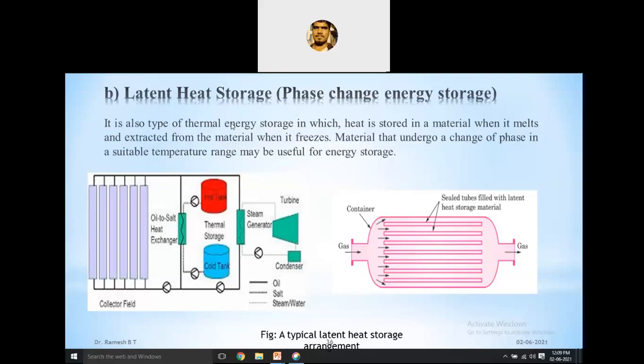Only then will it absorb more thermal energy and become more effective, so that more thermal energy will be stored. So these are the properties or criteria that should be satisfied for a latent heat storage system, not for sensible storage, only for the latent heat storage system.